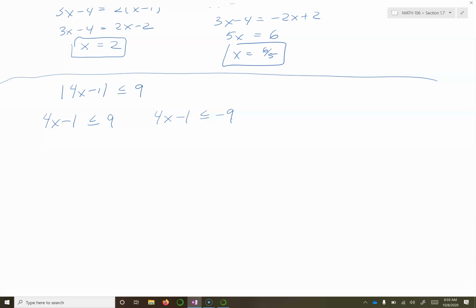Here we have 2 of them. So far, so good. That's all we have to do. It's the same thing as before. Now we'll go ahead and solve these inequalities. Oh, and by the way, when you do this, this is an and. If you remember from section 1.6, this is an and.